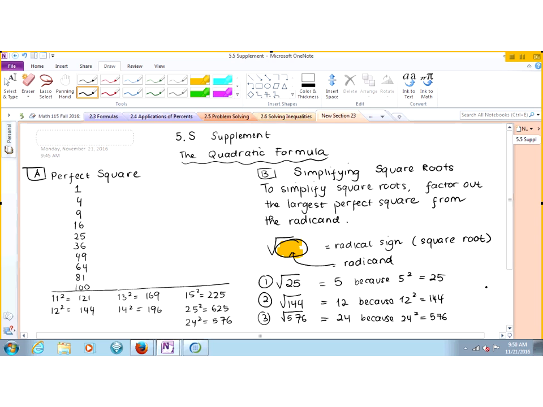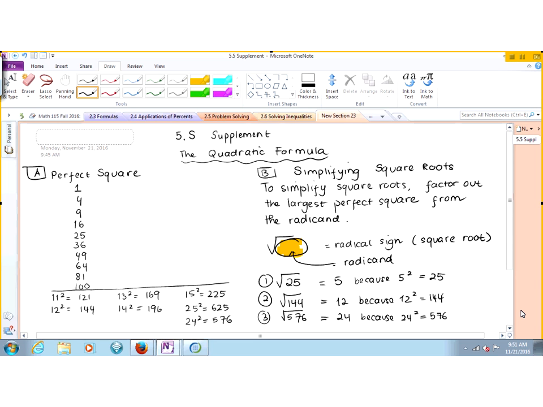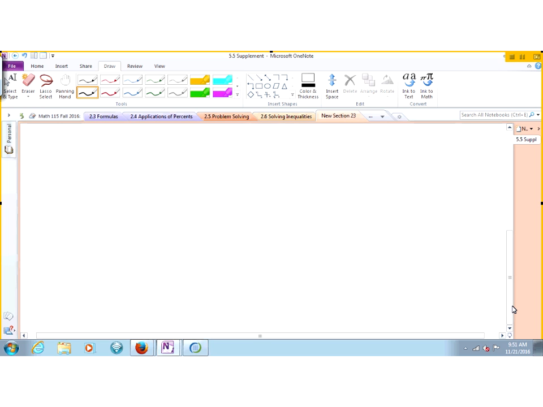All right. Now we're talking a little bit different. We're going to simplify something else. Are you guys ready? Now, what if I want to simplify the square root of 50?